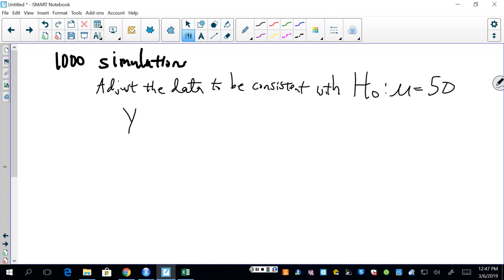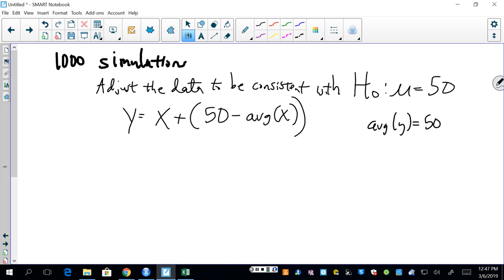To do that, let's call it a y. We took our x value and we took 50 minus the average of the x's. That's another way of writing that formula, so that the average value of our y value is 50.